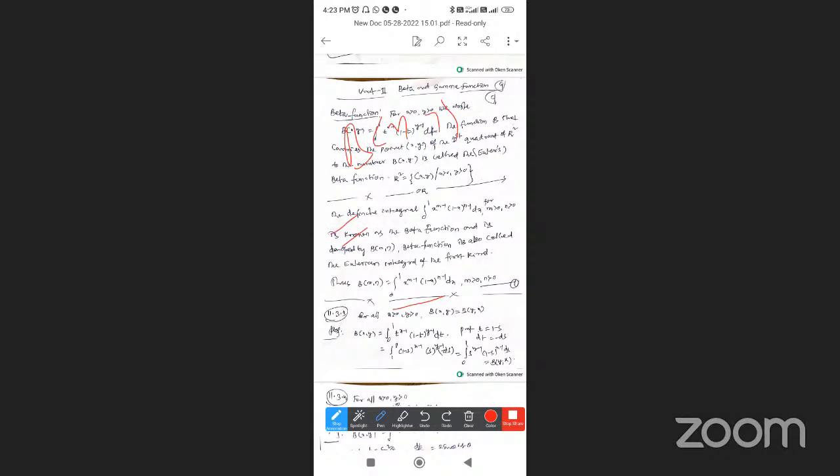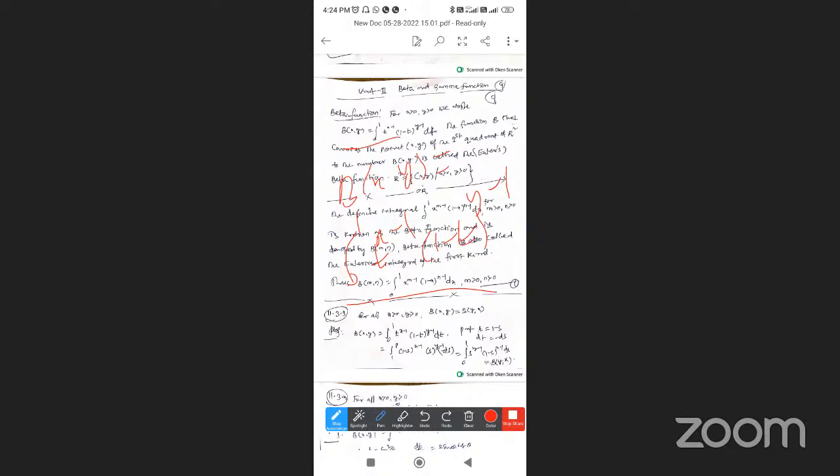So the beta function, Euler integral of the first kind, 0 to 1 x to the power of m minus 1 into 1 minus x to the power of n minus 1 into dx. The same formula for m comma n; the formula is x comma y. This is the beta of x comma y. Important. This is 0 to 1 t to the power of x minus 1 into 1 minus t to the power of y minus 1 dt. x comma y compulsory.